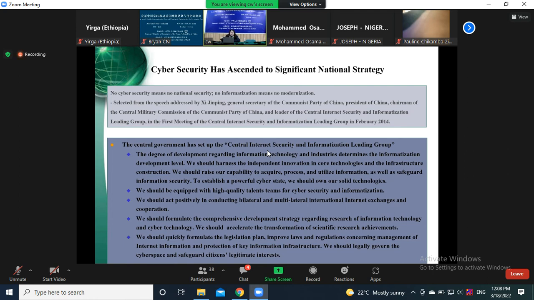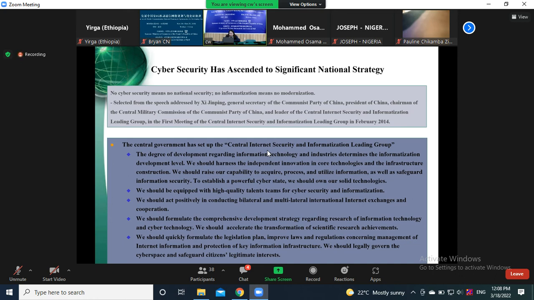For example, the suggestions of information experts for the top-level design of cybersecurity. They identified 6 major problems in the top-level design of cyber governance.